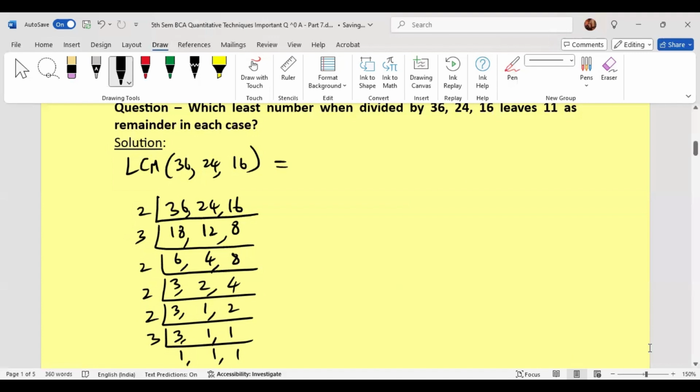So therefore, the LCM will be: how many 2s are there? 1, 2, 3, 4. So 2 power 4 multiplied by 3 square. That is 16 into 9, which is 144.